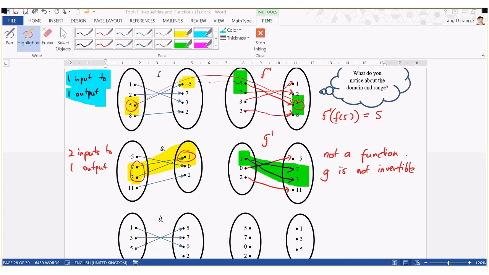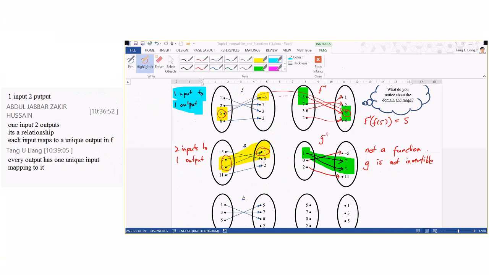Whereas G, you see 2 inputs mapping to 1 output. So because of this bad situation, you see that G is not invertible. But for F, because 1 output has a unique input mapping to it, it has an inverse. You can easily construct an inverse.